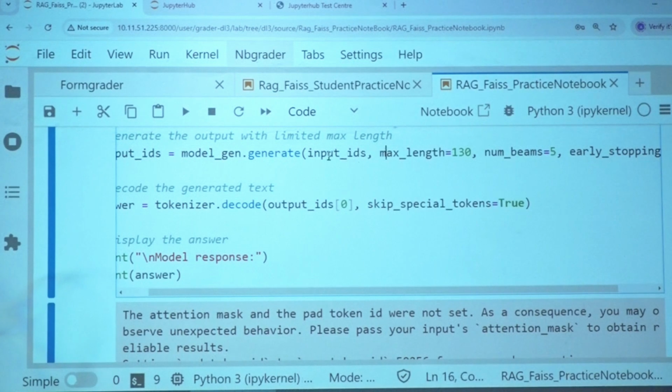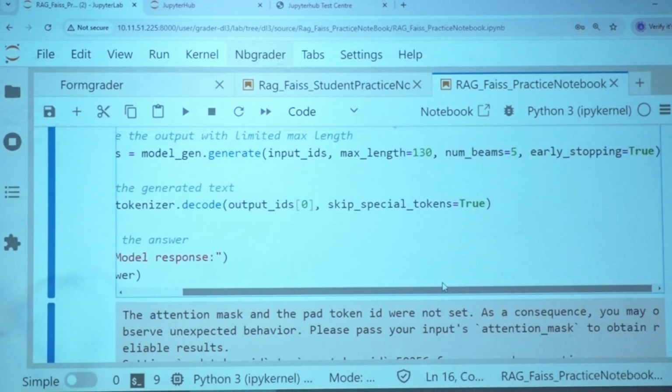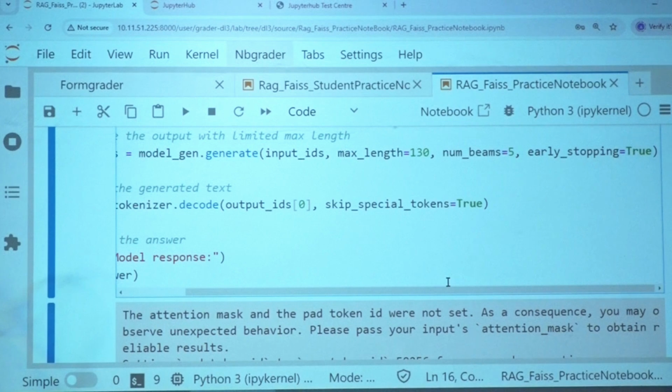So we are taking that, we are saying model_gen.generate(input_ids, max_length=130, and there is an interesting parameter there called num_beams=150. Okay, now this is a parameter we didn't know, we also researched it, figured it out. I'll tell you what this parameter means.